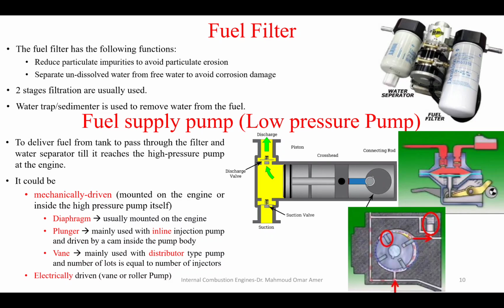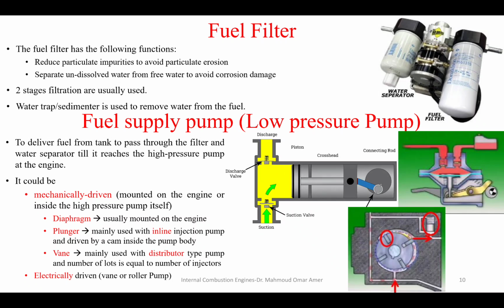But with diesel, we always have two-stage filtration. The filter consists of two stages. One stage is to reduce the impurities. The second stage is to separate the undissolved water from free water to avoid corrosion damage.